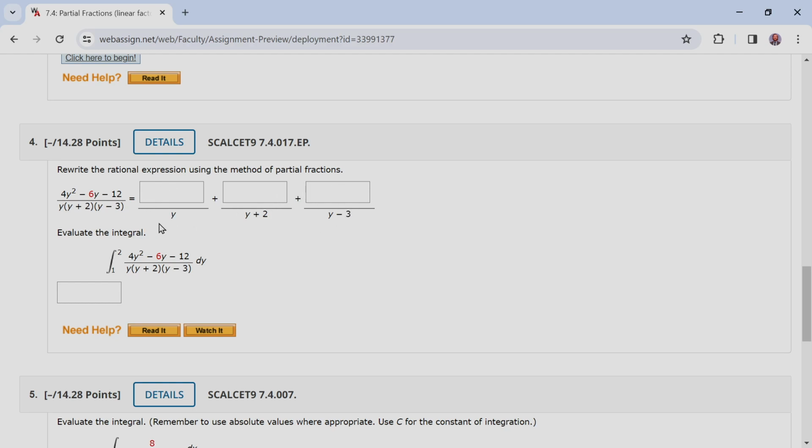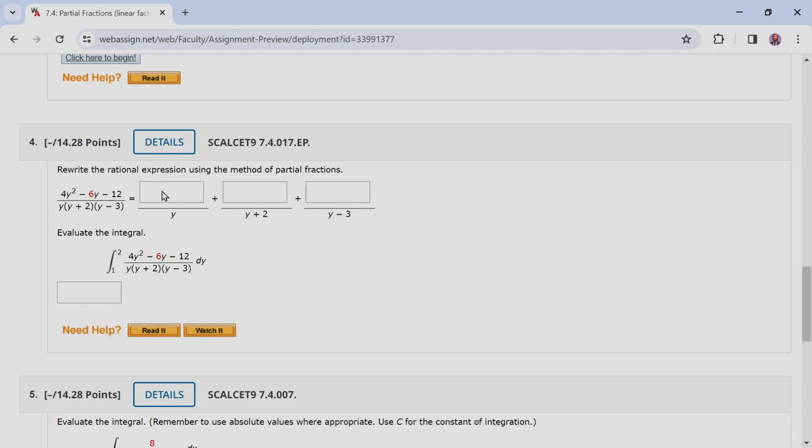Make a common denominator with your A's, B's, and C's, and then whatever's in the numerator you equate to whatever's on the left-hand side, and then work to deduce what A, B, and C are, probably by eliminating the coefficients one at a time, like setting y equals 0 will eliminate the B and C terms, setting y equals minus 2 will eliminate the A and C terms, and setting y equals 3 will eliminate the A and B terms. Once you figure out what your numerators have to be, then you've got an expression which integrates very quickly, right?